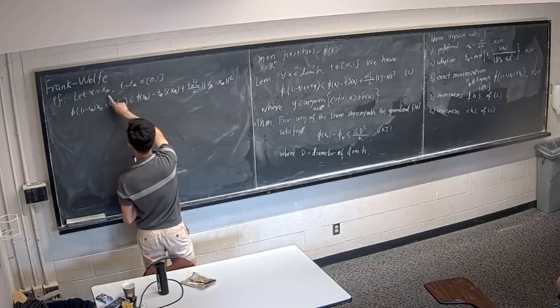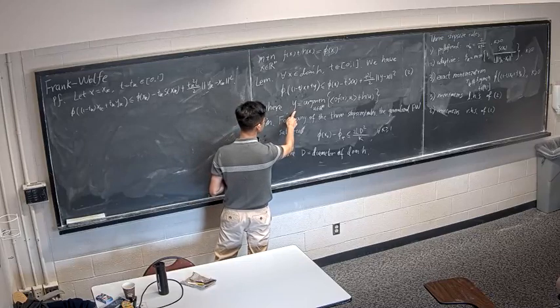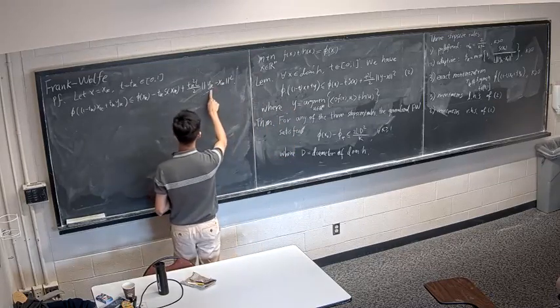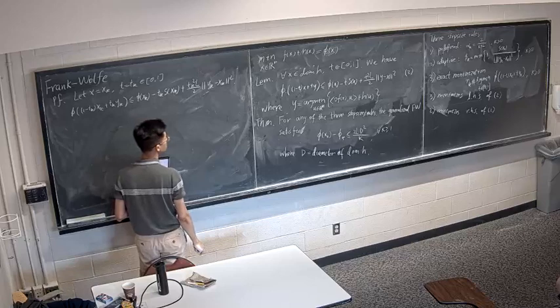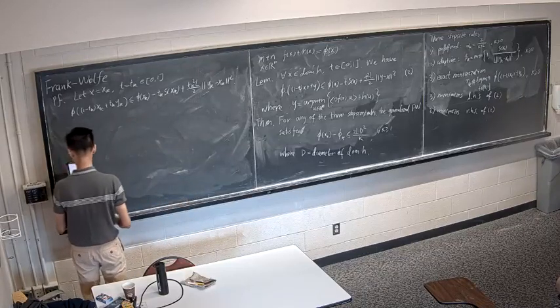Since xk is fixed, xk is one iterate, then this y is actually yk. So xk and yk are fixed, but tk is free. We can choose any tk we want. This holds for any tk.